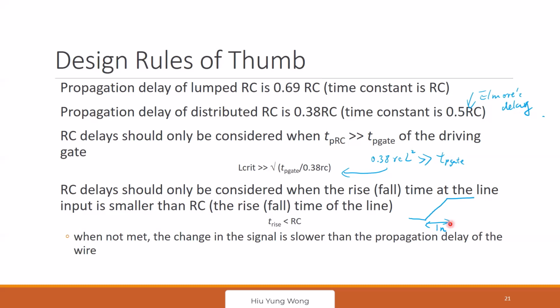Because the rise time already limits how fast you can switch, right? So only when our rise time is smaller than the RC will you consider the delay. Do you get it? Understand? Okay, so just a rule of thumb, right?